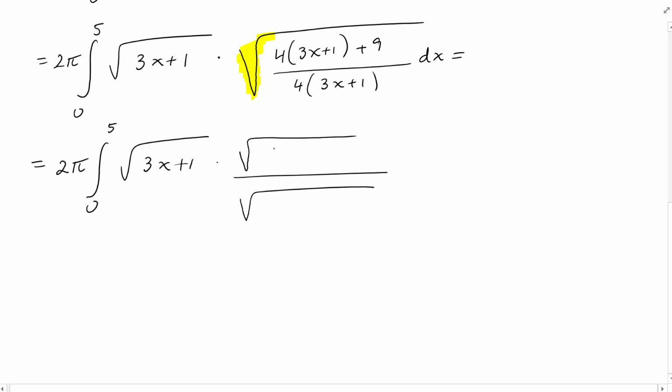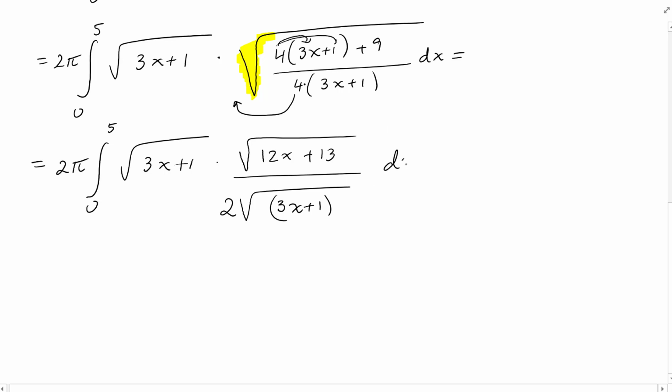At the top it's going to be 4 times 3x, 12x, and then 4 times 1 is 4, plus 9 is plus 13. The denominator is 4 times 3x plus 1, but because it's a multiplication, I'm going to move the 4 outside the radical, so it's a 2 at the denominator.